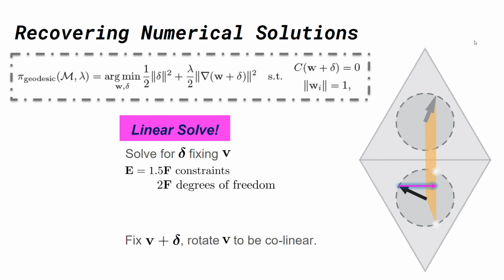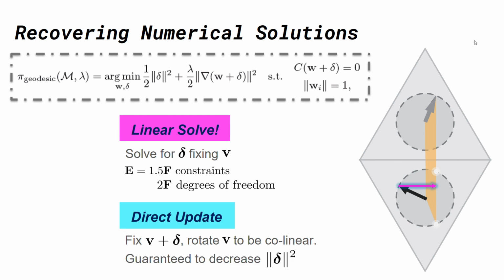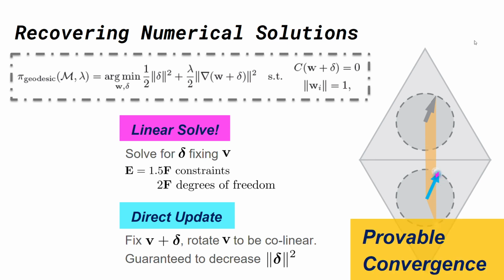And then all the non-convexity gets encoded in the second step, which is formulated as just a direct update, because you can prove by the triangle inequality that you can just rotate your field to coincide with the points that you got from the previous linear solve. And then you can just iterate this procedure in order to get it to converge to some minimizer. And you can prove that each step of this optimization reduces the global objective function, so it must converge.